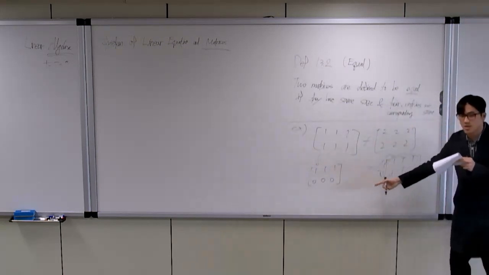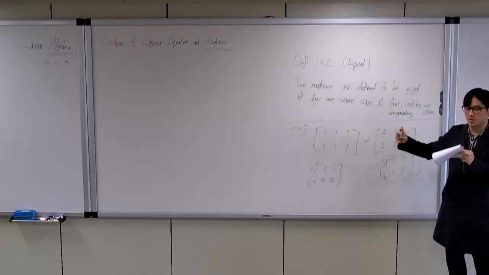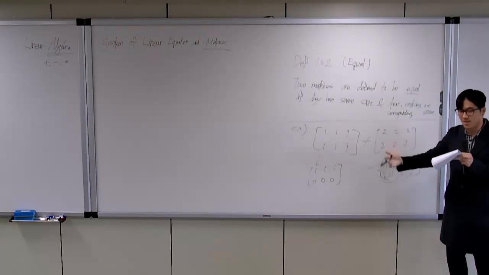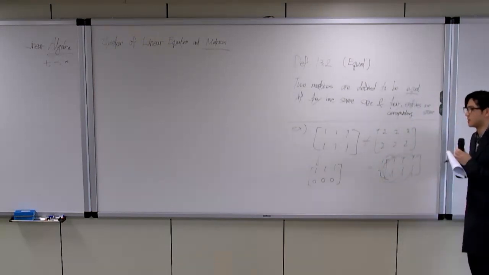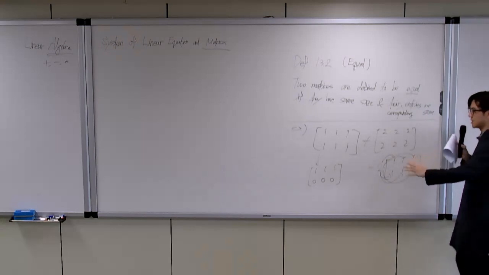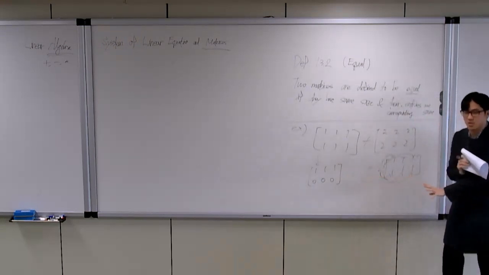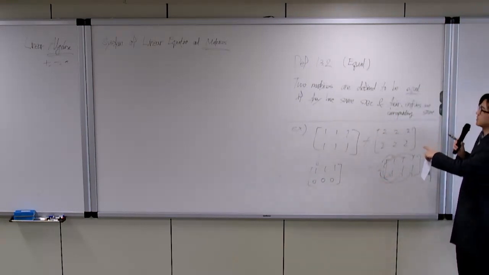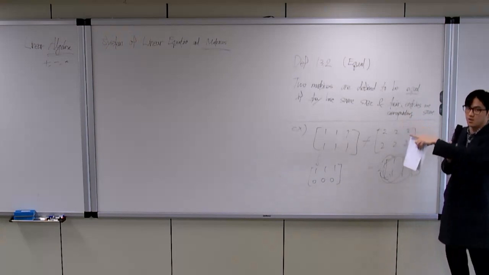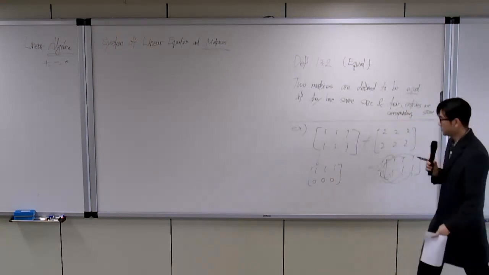It also has the same solution, but it does not mean the linear system is the same. It means the solution set is the same, and it does not mean the matrix is the same. So I defined equality for matrices.